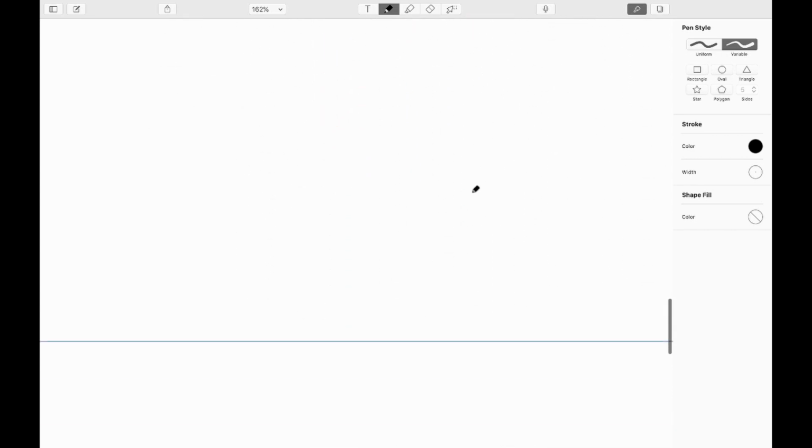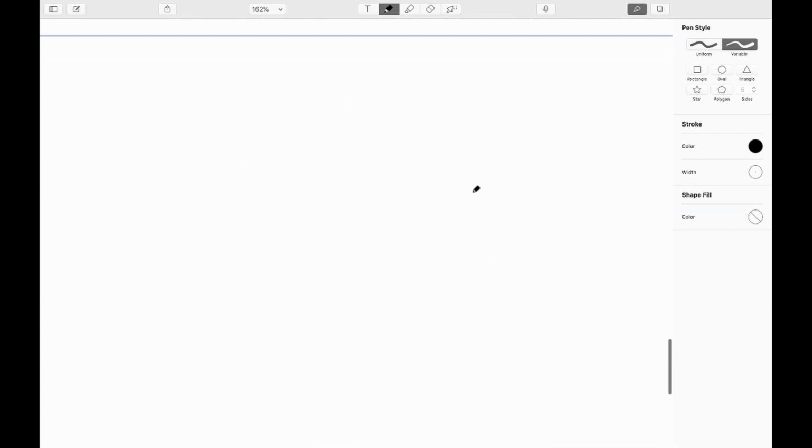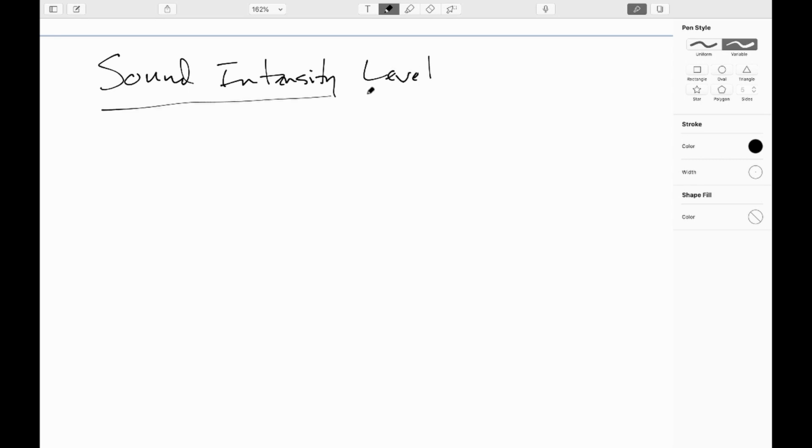This is an artifact of how we perceive sound. So this is a biological issue. And to model this, we use what's called the sound intensity level. The symbol for that is a lowercase Greek beta.